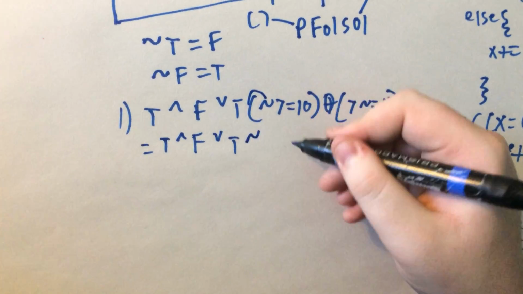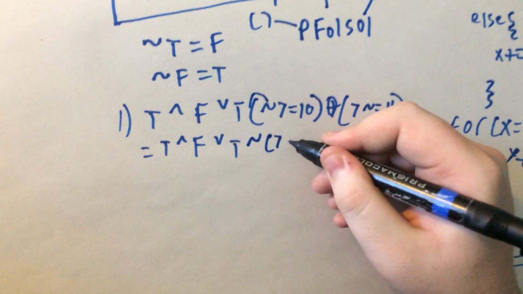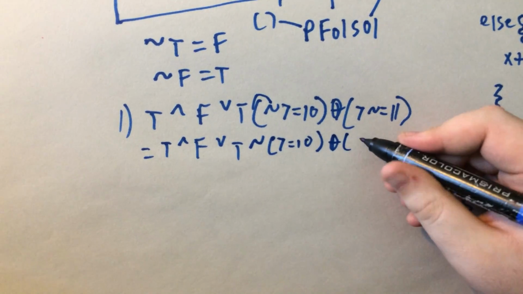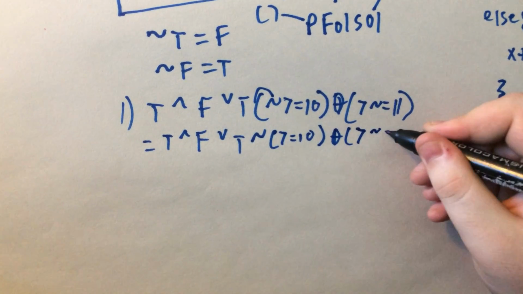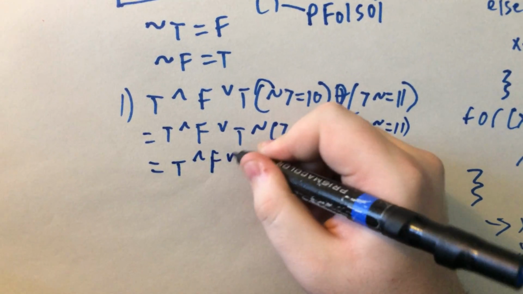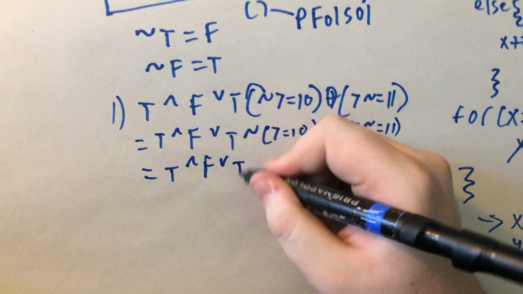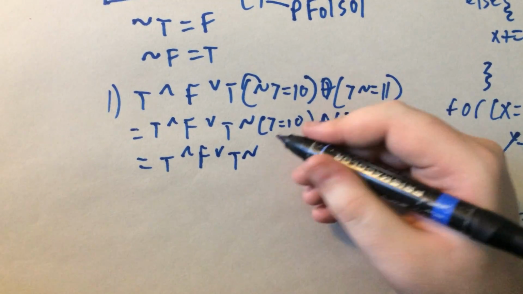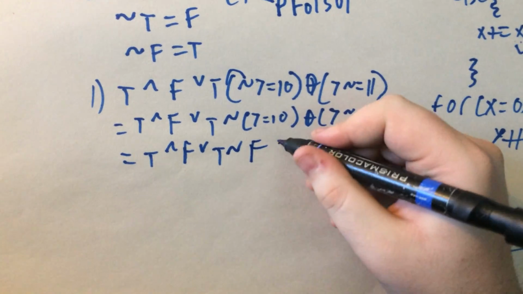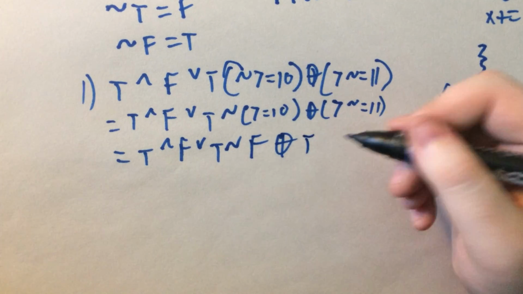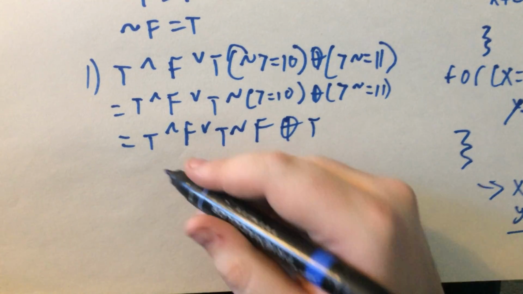So this is going to be NOT 7 equal to 10, XOR 7 not equal to 11. What we eventually get is true AND false OR true, and then NOT 7 equals 10 is not true, so that's false, XOR 7 is not equal to 11, that's true. So now we have all trues and falses, so we can go straight through left to right.